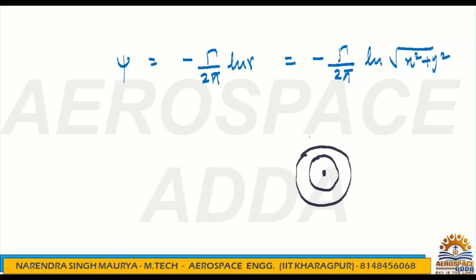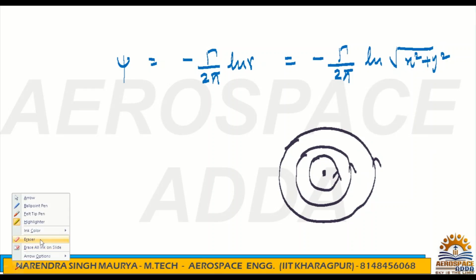And stream function psi is directly proportional to the radius r. If you change the radius, you get a different stream function, something like this. And since it's a streamline, you have to show the direction also. These are the streamlines.